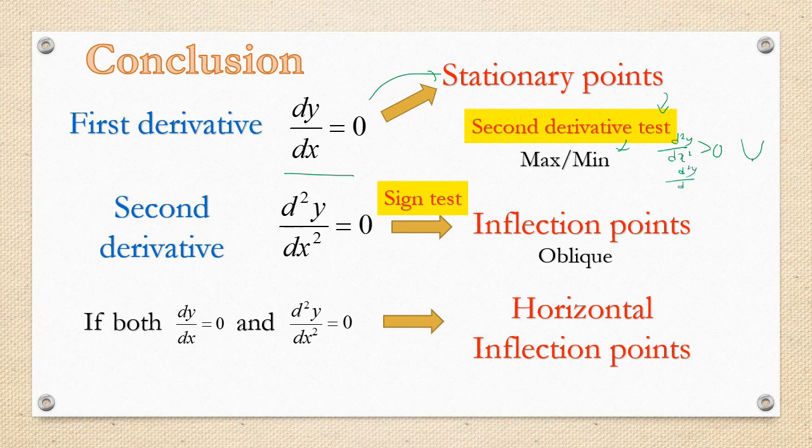If my second derivative is smaller than 0, I'm not happy, I got no money, so it is a maximum point. If I want to look for an inflection point, I have to set the second derivative equal to 0 and then do the sign test. If the sign changes, let's say from positive to negative or from negative to positive, it means that it is an inflection point.